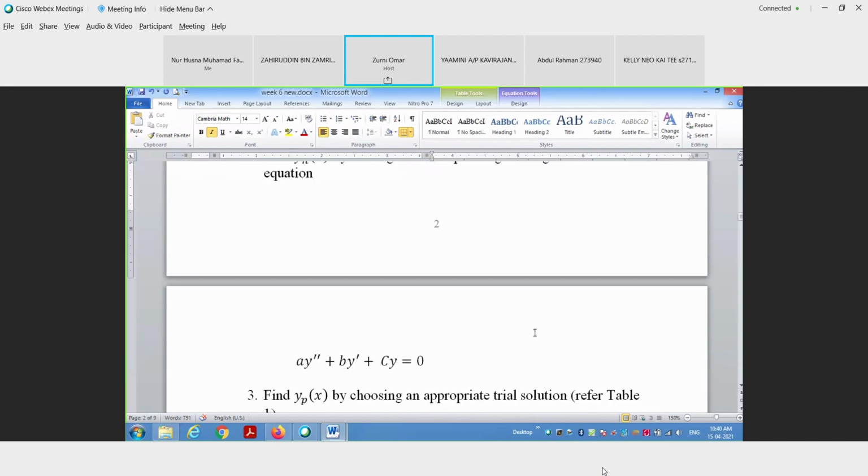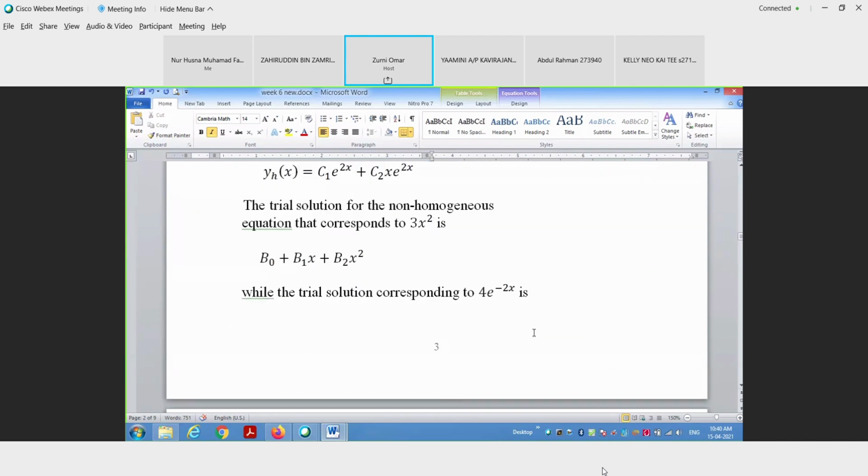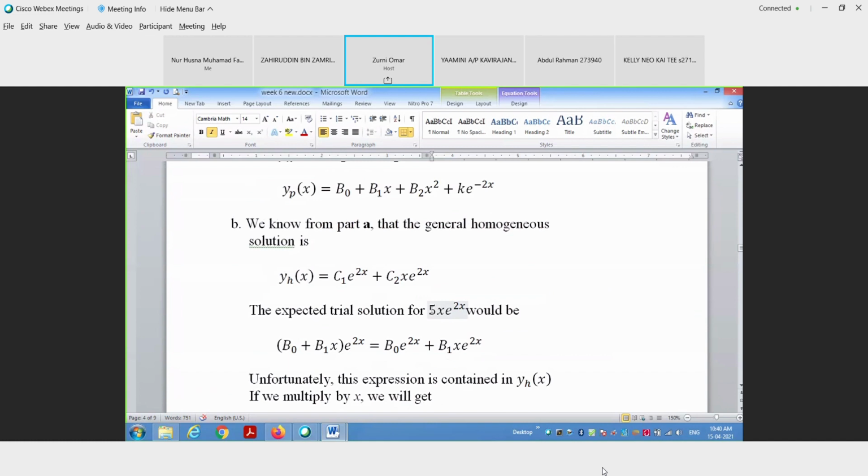So you refer to this, Rahman. Yang ini 5x, polynomial of order 1, darab dengan exponent e2x. So that's why kita darab exponent dengan polynomial of order 1. But trial tu dia kena sampai habis, sampai constant. Kita tak boleh buat macam tu saja.